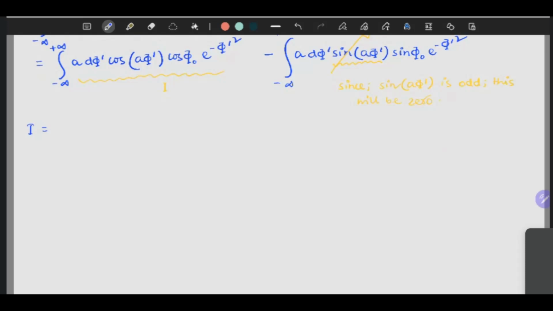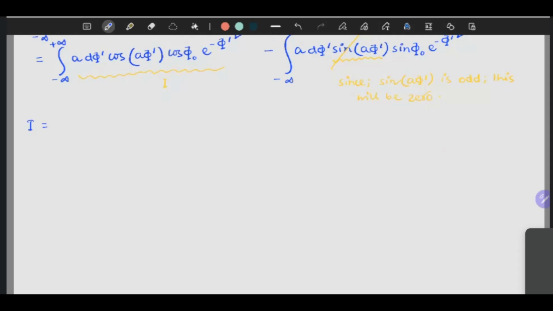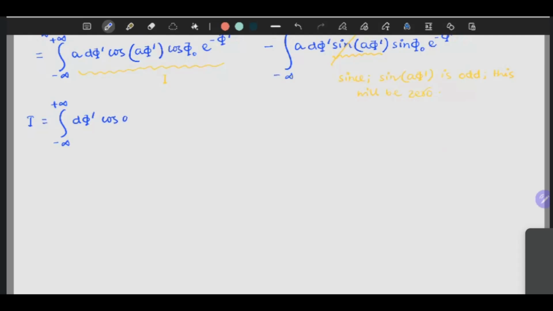This I then becomes the integral from minus infinity to plus infinity of d phi prime cos of a phi prime, because everything else, cos phi naught, is constant, and e to the power minus phi prime whole square.